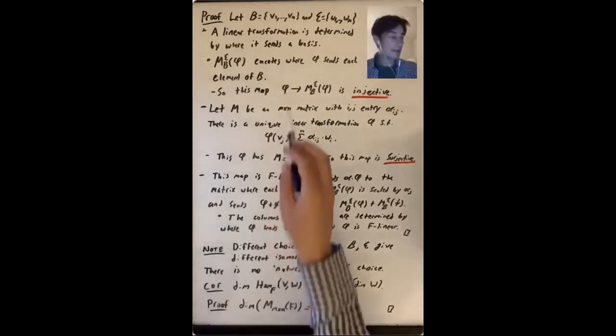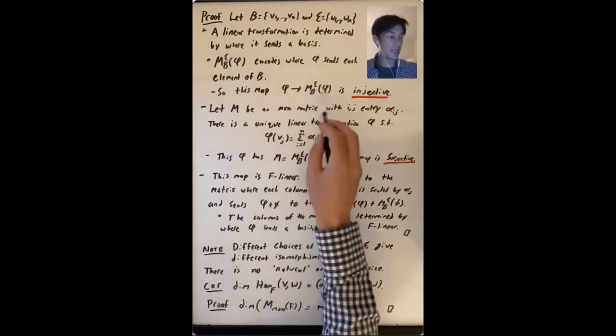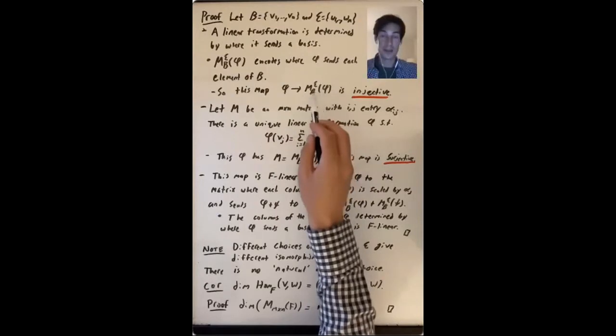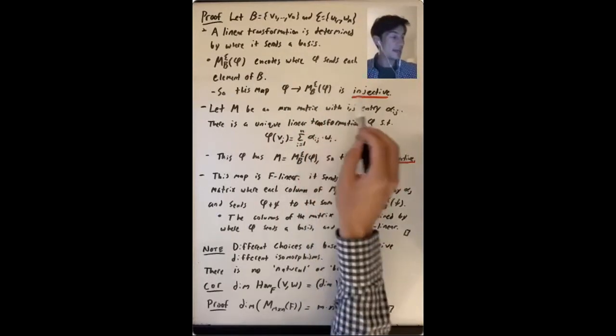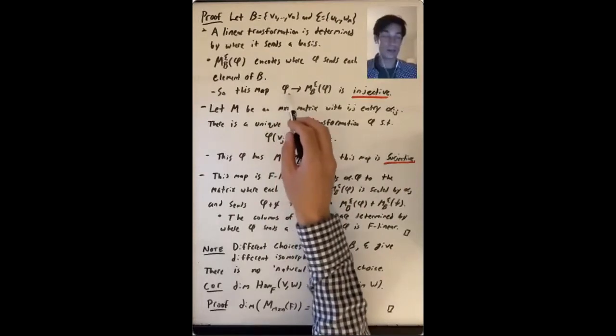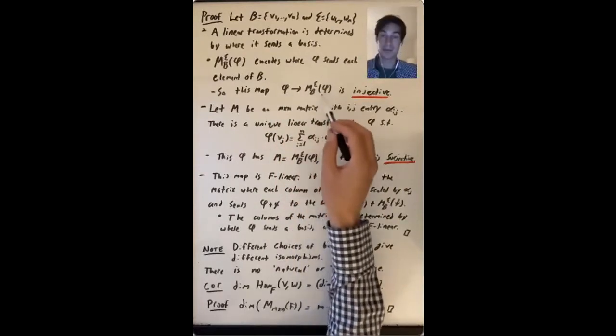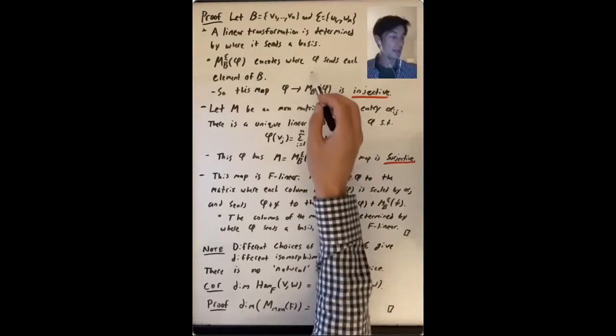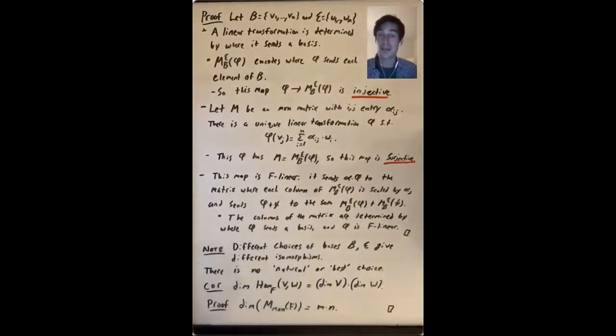So this map that takes a linear transformation to the corresponding matrix is injective. It's not possible for two different linear transformations to map to the same matrix, because if the matrix is the same, each column is the same. And if you send each basis vector to the same place, you send every vector to the same place.